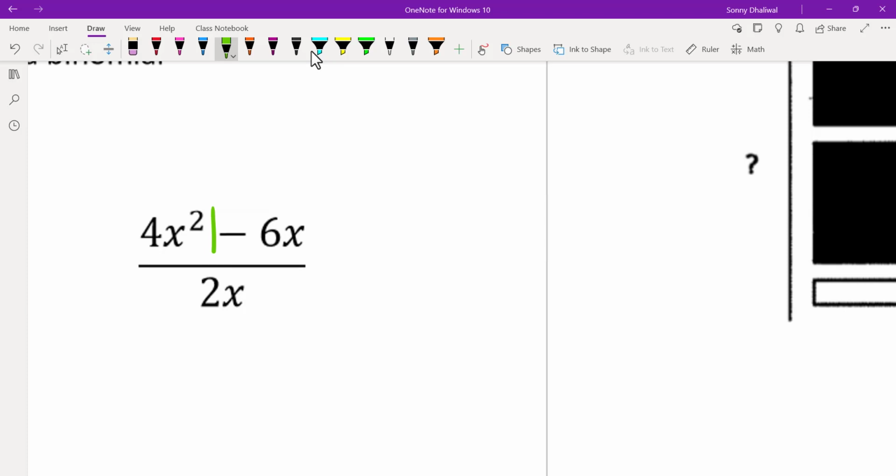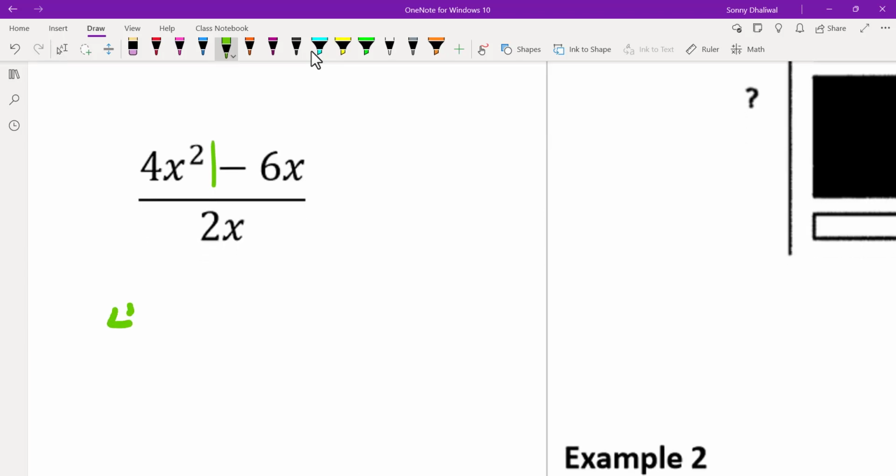So we're going to create 2 fractions here. There's 2 terms on the top. The bottom is going to have 2, we're going to write this as 2 fractions. So 4x squared is going to be the top of one fraction, and 6x is going to be the top of the other fraction, and the denominator stays the same.